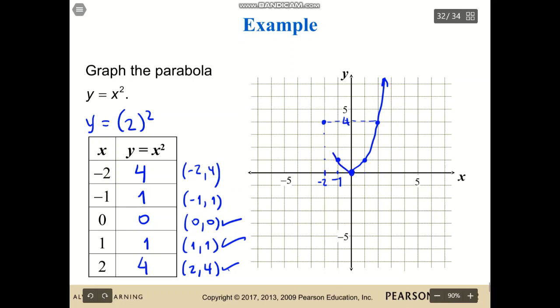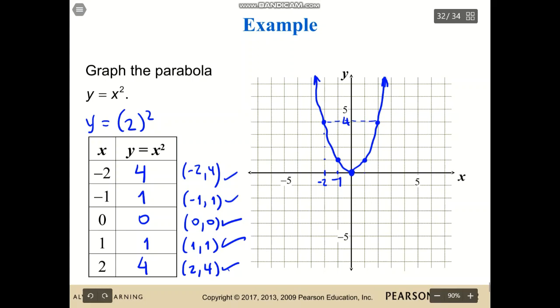The arrow. This side here is not so nice. Let's try again. And don't forget the arrows to indicate that this graphic here goes all the way to infinity.